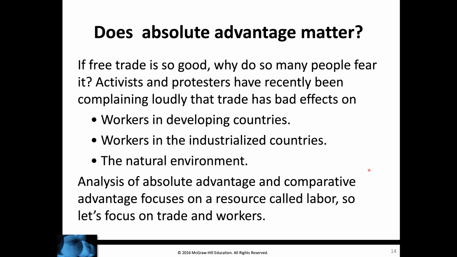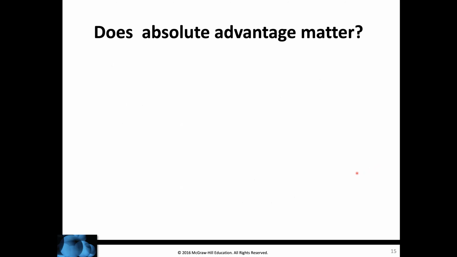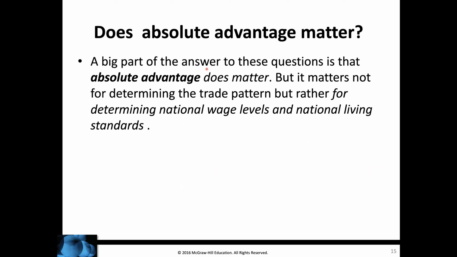As mentioned before, we're looking at simple cases, so in the analysis of absolute advantage and comparative advantage, we just focus on the resource called labor. So let's focus on trade and workers. A big part of the answer to these questions is that absolute advantage does matter, but it matters not for determining the trade pattern, but rather for determining national wage levels and national living standards.